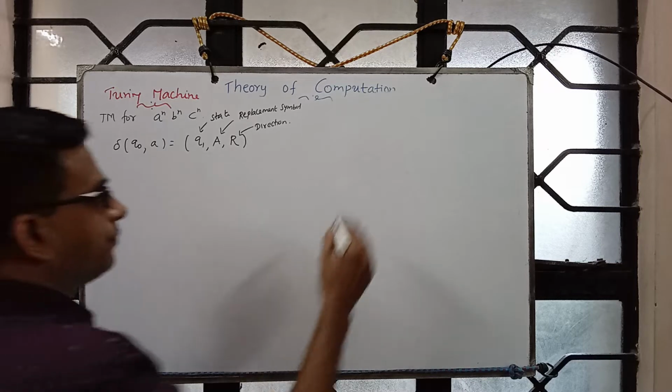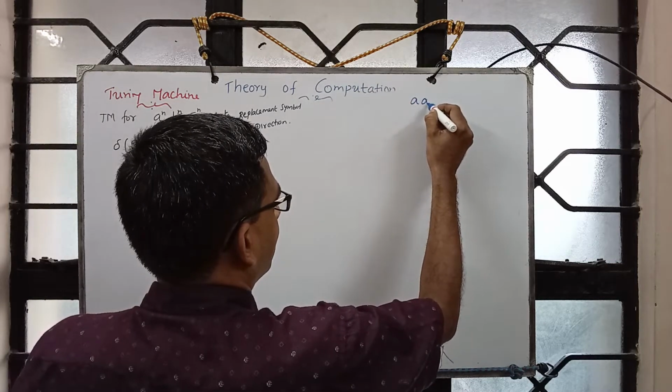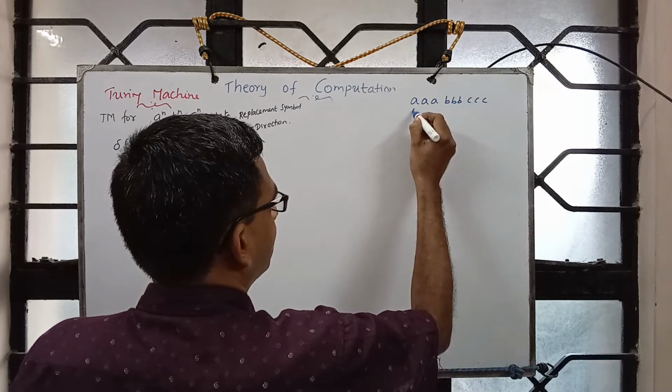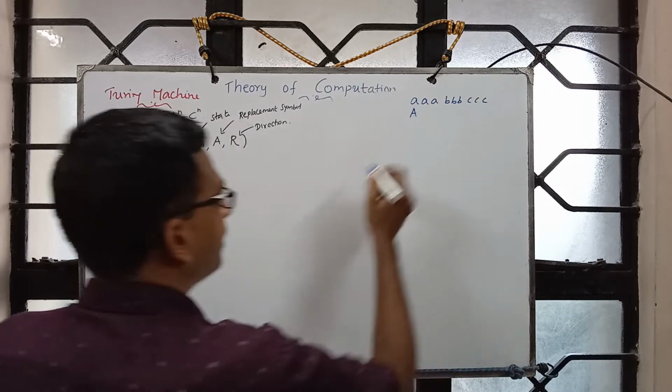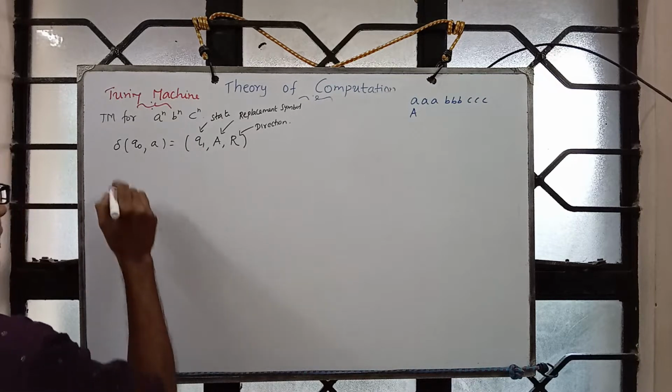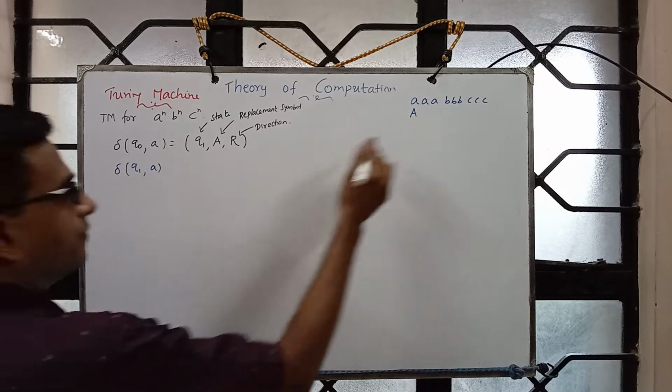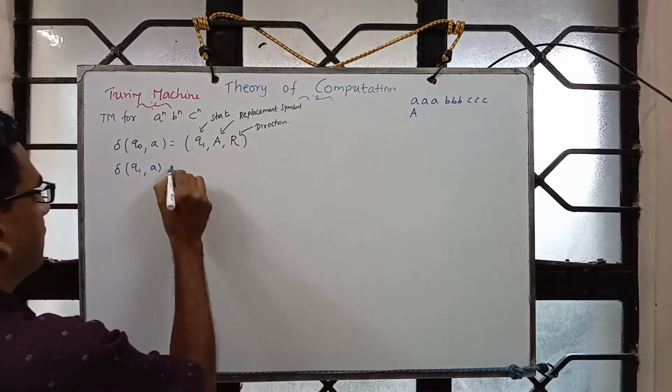Okay, so if the input is like AA, BB, CC, first we will replace this by A and we will be at Q1 now. Then with Q1, we will have to scan all of this.